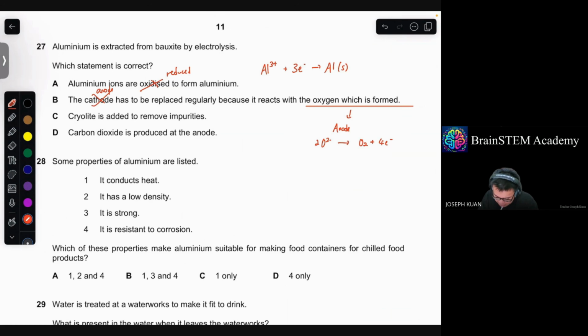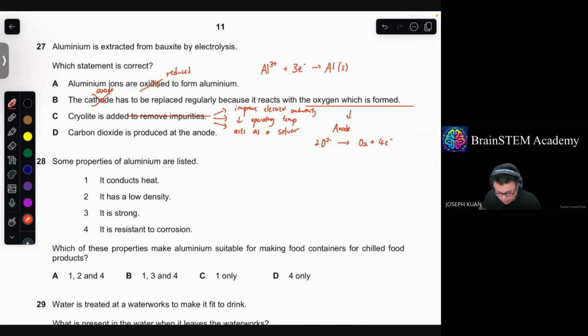And then C, cryolite is added to remove impurities. That's wrong. Cryolite helps to improve electrical conductivity, and it also helps to lower the operating temperature, and also acts as a solvent.